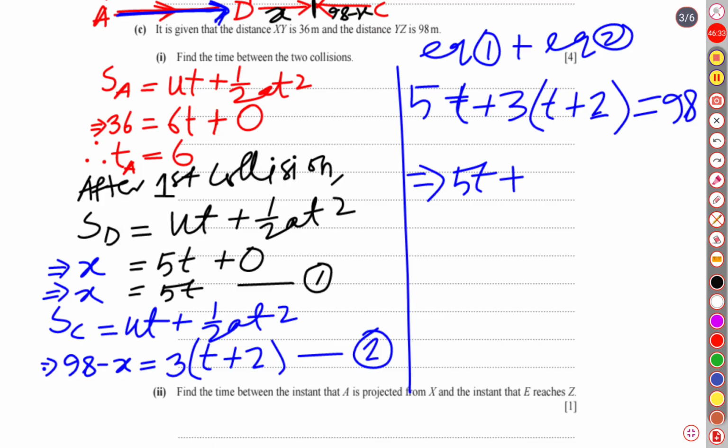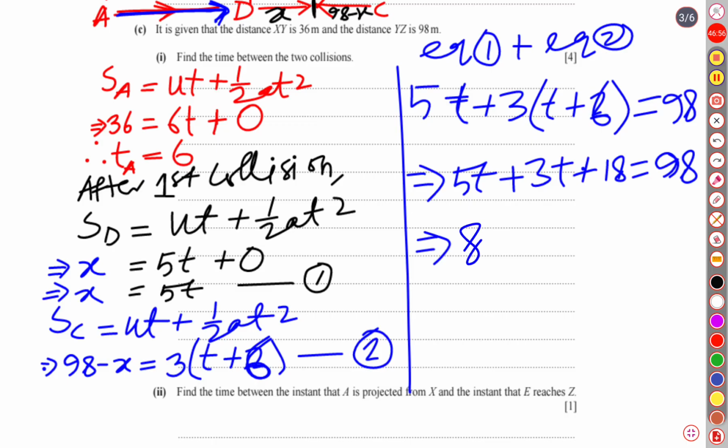Sorry, we made a great mistake. It was not 2 seconds. A took 6 seconds, so it will be t plus 6, not t plus 2. So 5t plus 3t plus 18 is equal to 98. Well, 5t plus 3t is 8t.